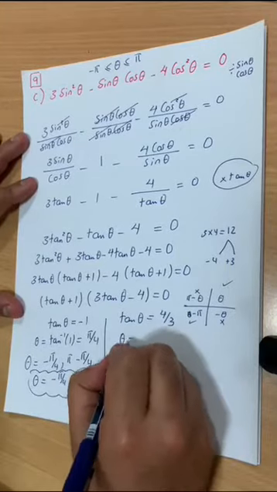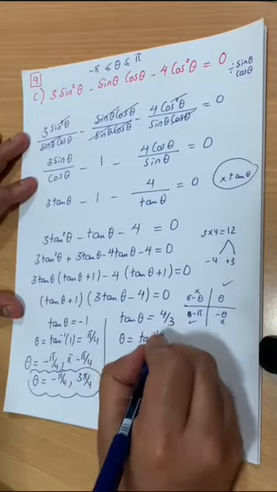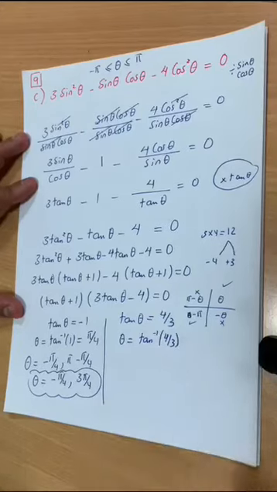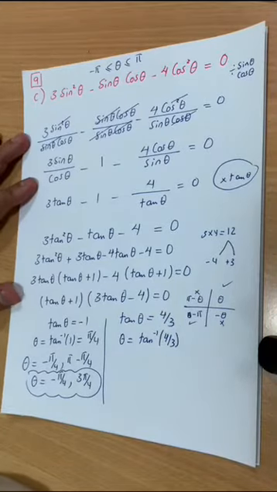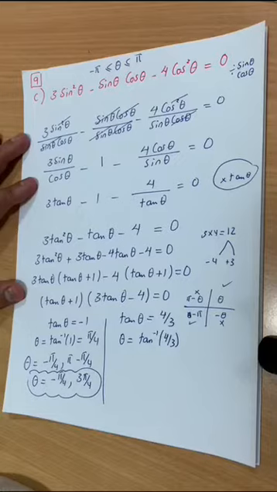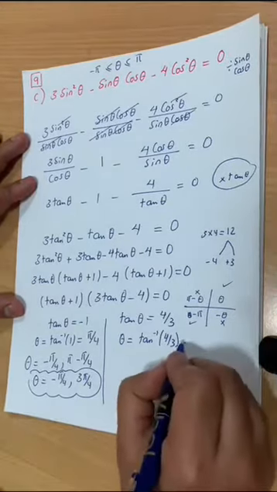Now theta equals inverse tan of 4 over 3. Let's use the calculator. Inverse tan of 4 over 3 is equal to 0.927, which is 0.93.